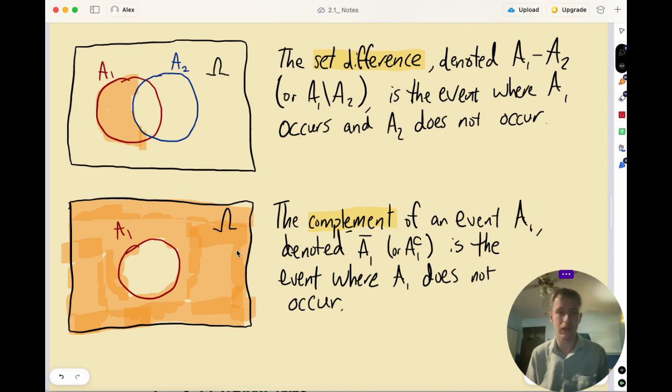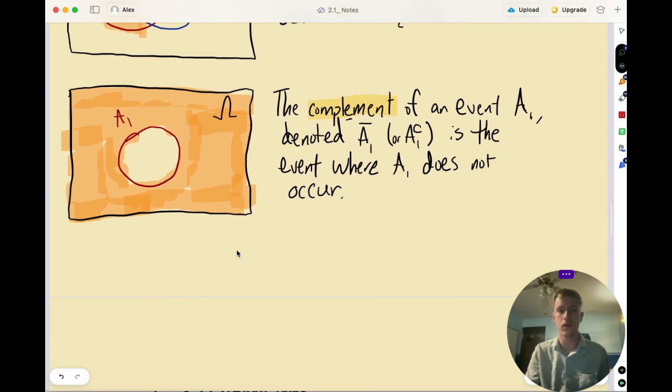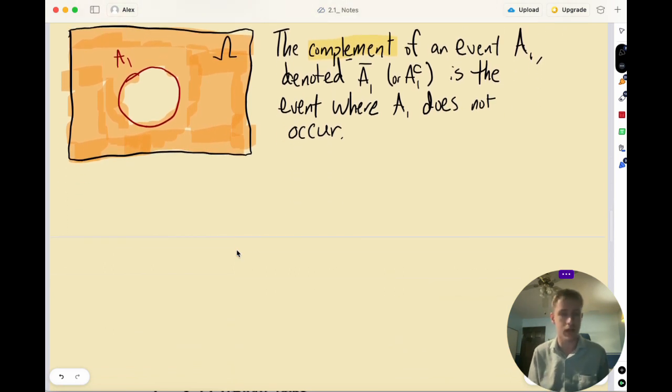Now, the last thing that I want to talk about, this is the last picture, I promise. This is just going to be kind of a small one. We'll call this A1, we'll call this A2. We still have a sample space.